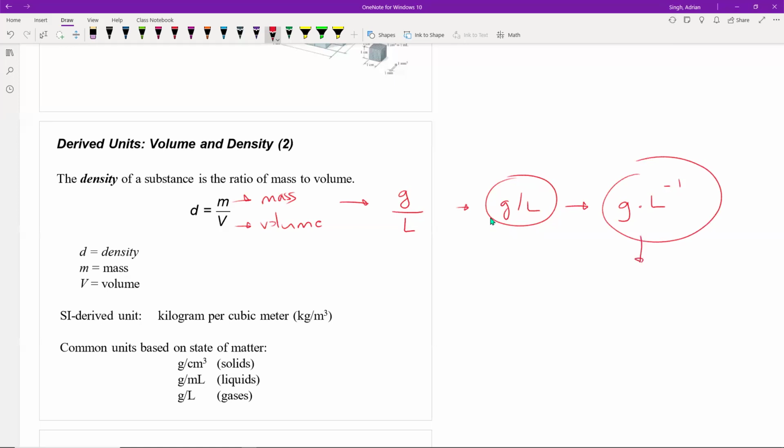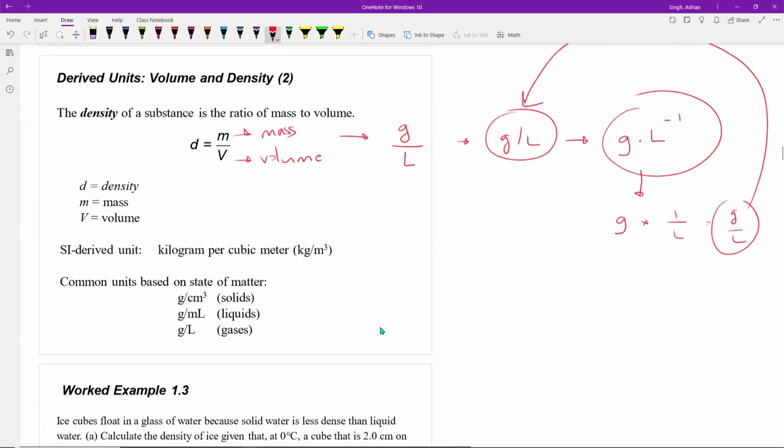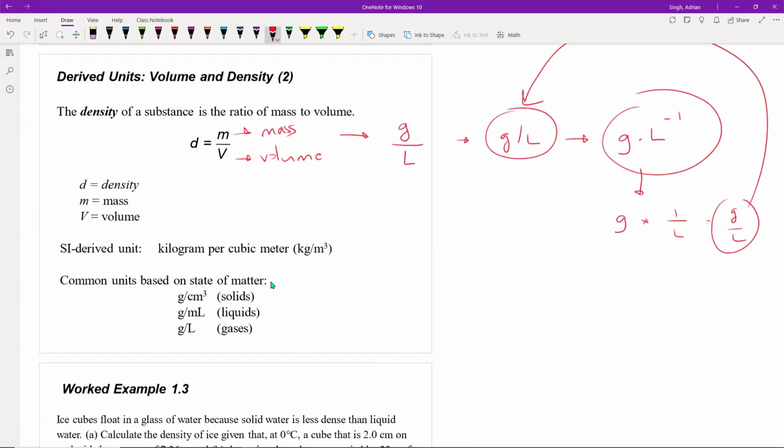This means the same as grams times 1 over liter, which is the same as grams over liter. Okay, so don't get confused if you see this type of notation. It's just a different way to represent the same relationship, the same derived unit that we have before.